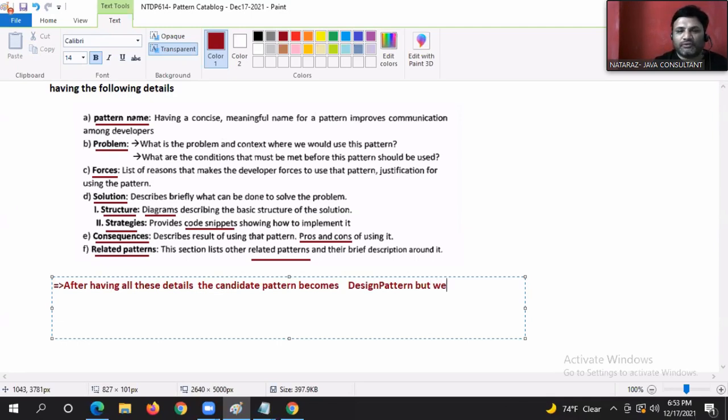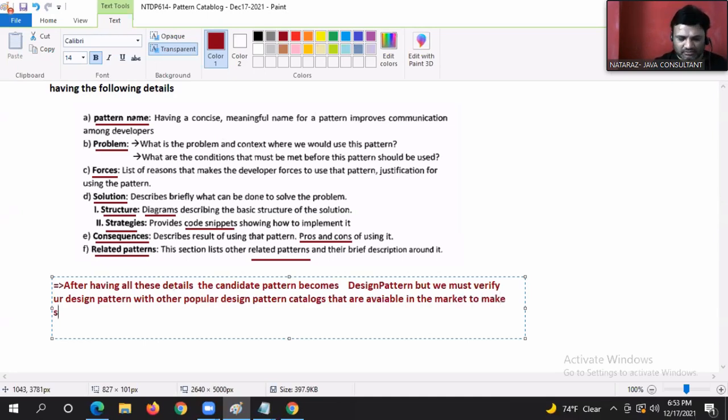But we must verify your design pattern with other popular design pattern catalogs that are available in the market, to make sure that you are not giving an already available solution with a new design pattern name.